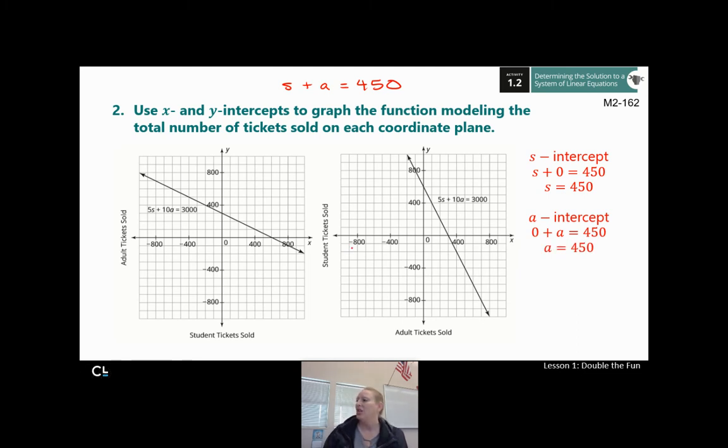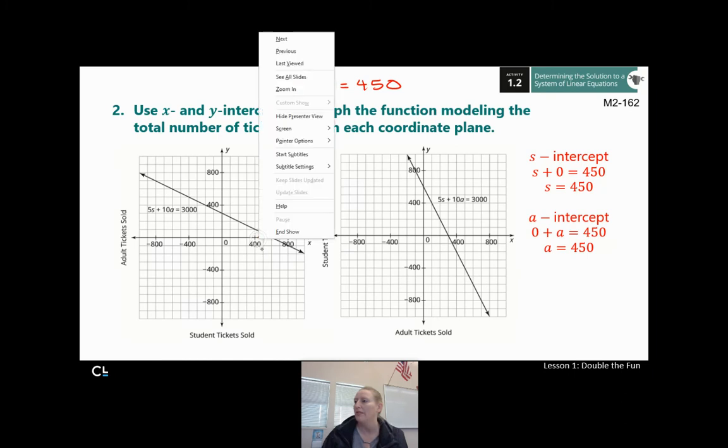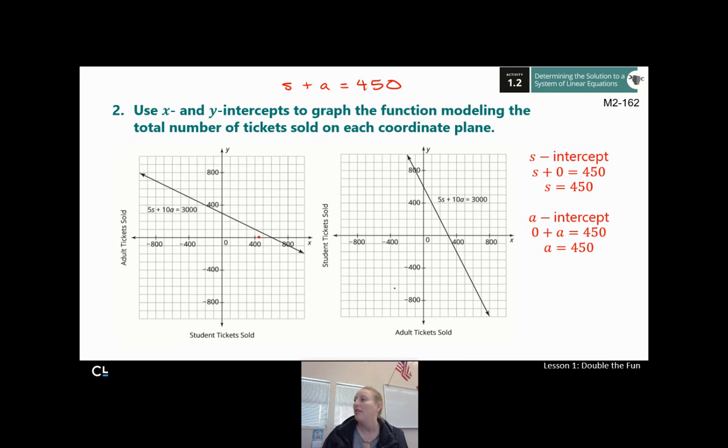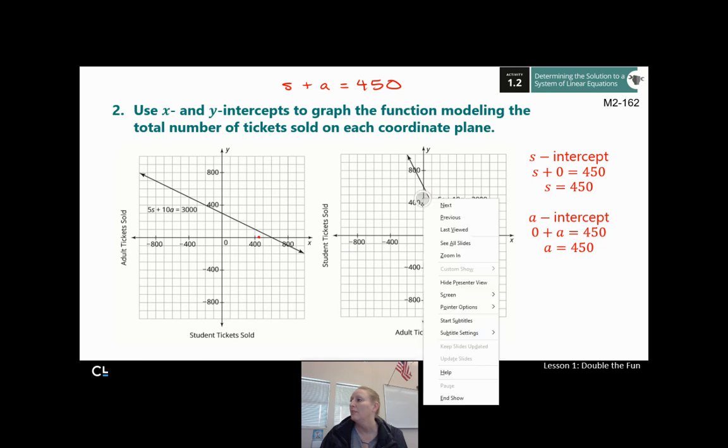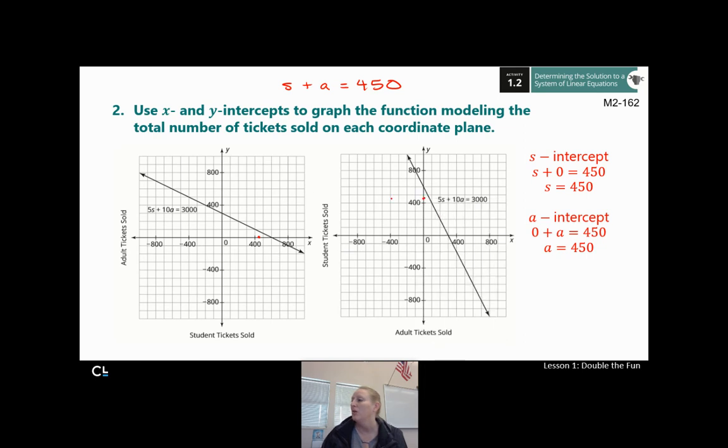And we need to put these on our number lines. So my S-intercept, for this first graph, it looks like my X is my S-intercept. So I'll put a little 450, need a little dot there. On the other graph, though, my S is the Y guy, so I'll put my 450 over here. Except my pen doesn't want to work.